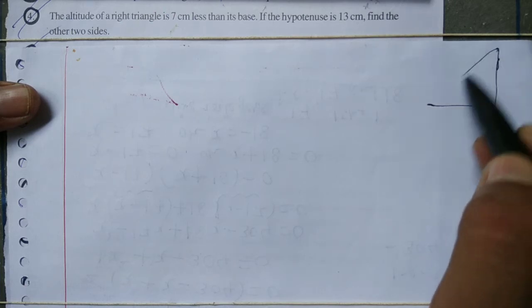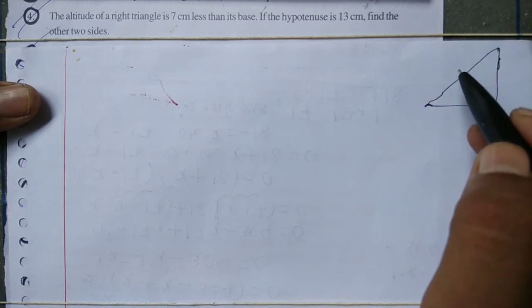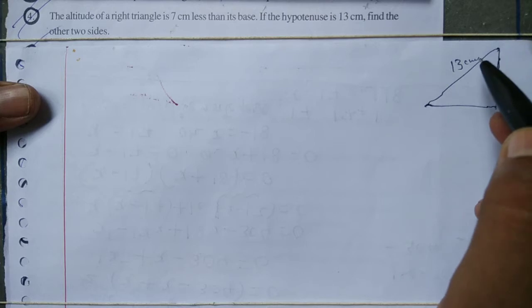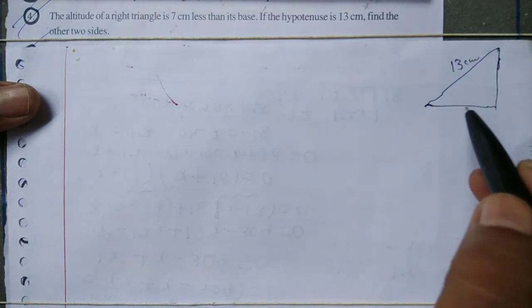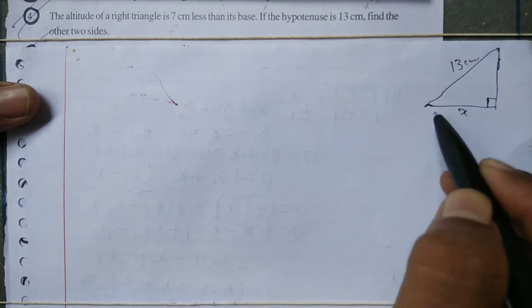A right angle triangle. In this right angle triangle, the hypotenuse is given as 13 centimeters. Let the base of the right triangle be x.